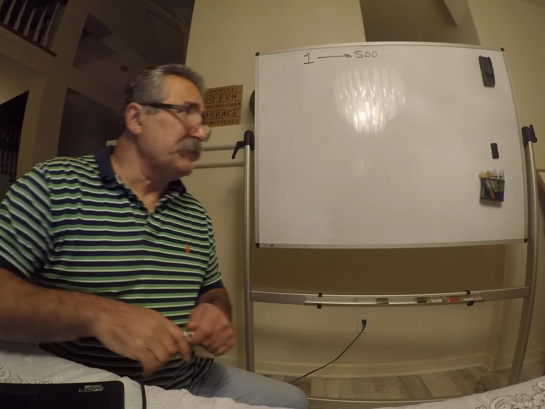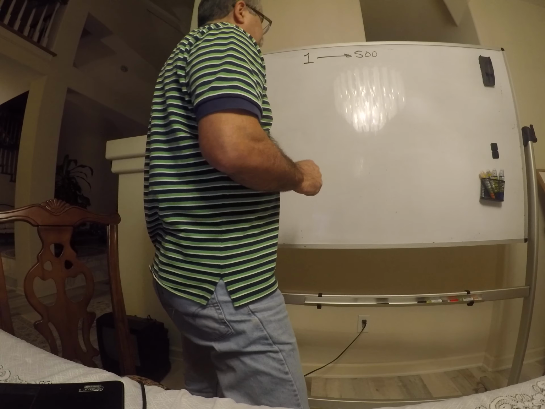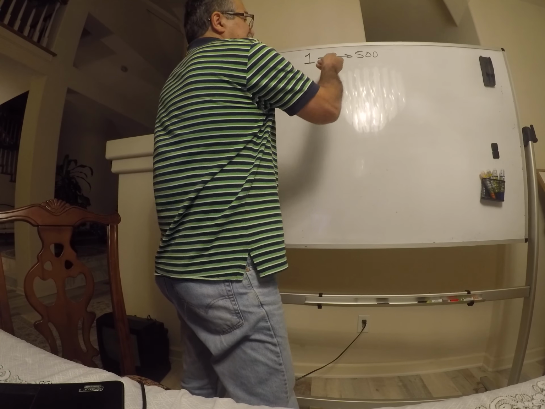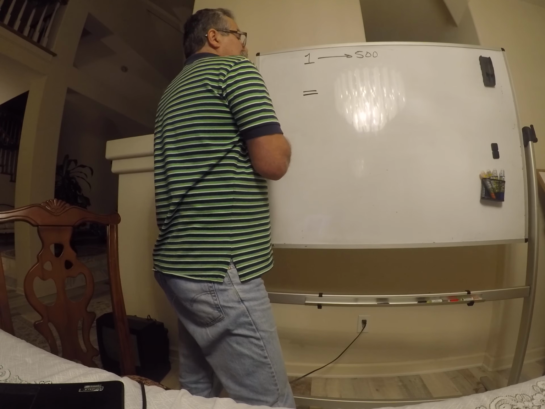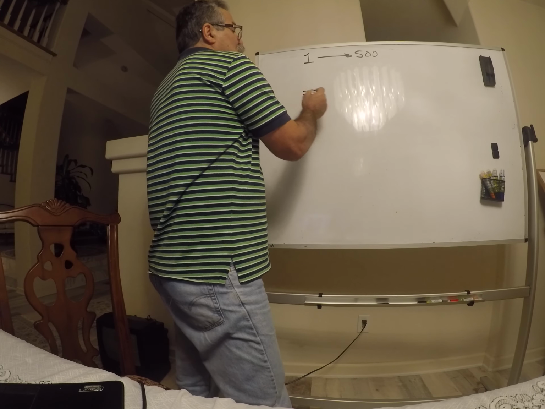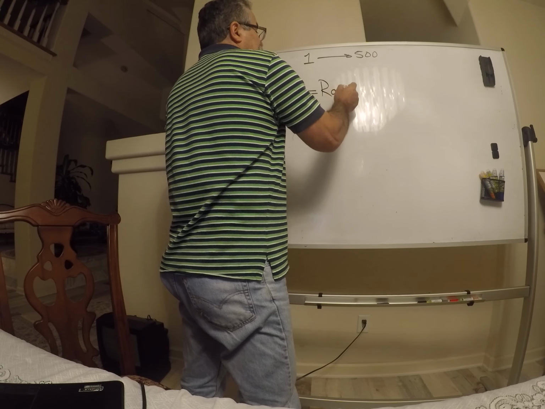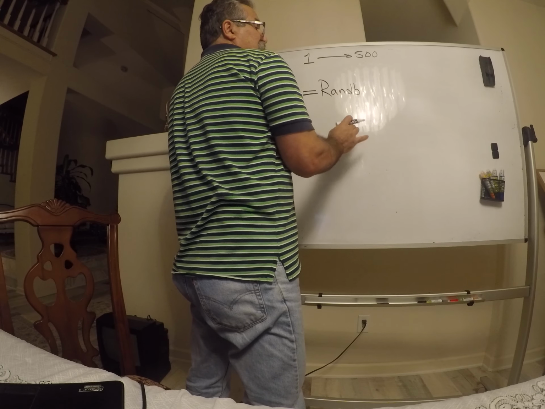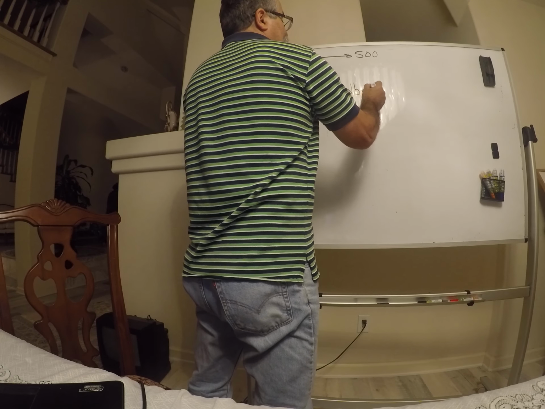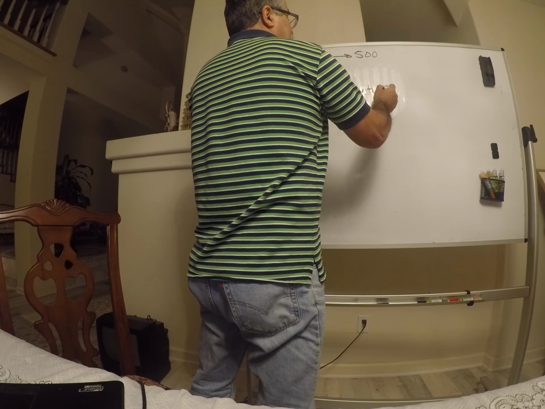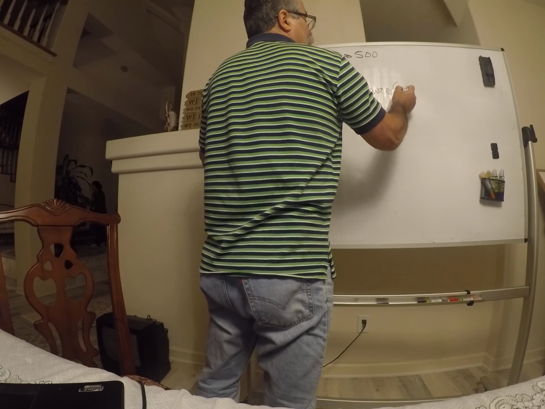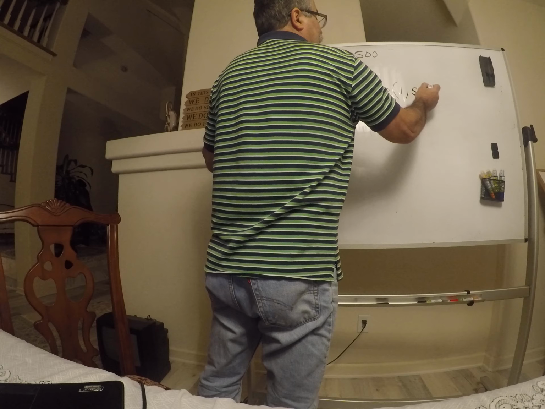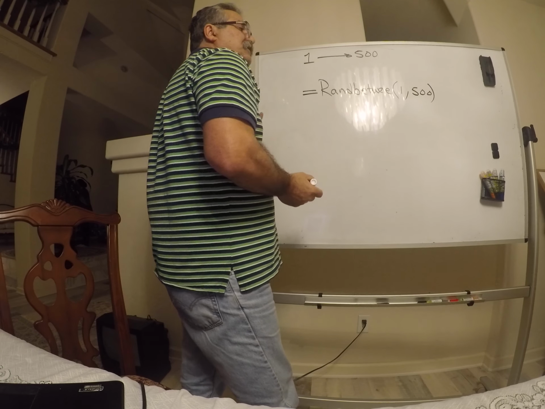The other method is using the RANDBETWEEN function in Excel. In an example that we have, you go to the cell and you start using the formula equal RANDBETWEEN, no space in between, and then you open up the parentheses, the smallest number 1, and then comma 500, and then you press enter.